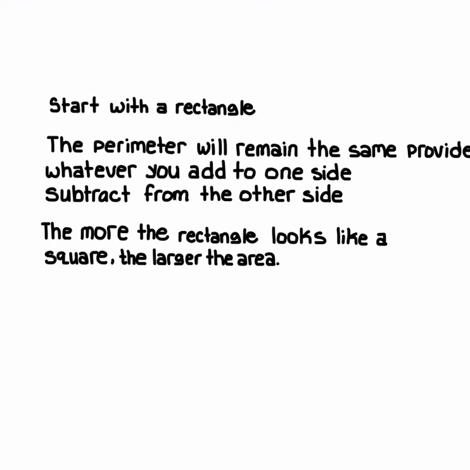So when you decide to add to one side and subtract the same amount to the other, keep in mind you want your shape to be more like a square. If you want less area, then you want it long and skinny. So add to one side and subtract from the other side to make the rectangle look longer and skinnier so that it holds less area.